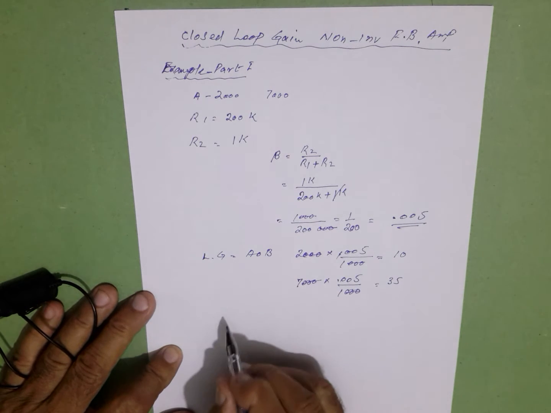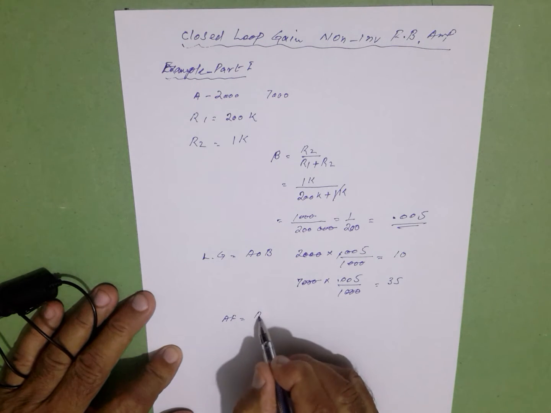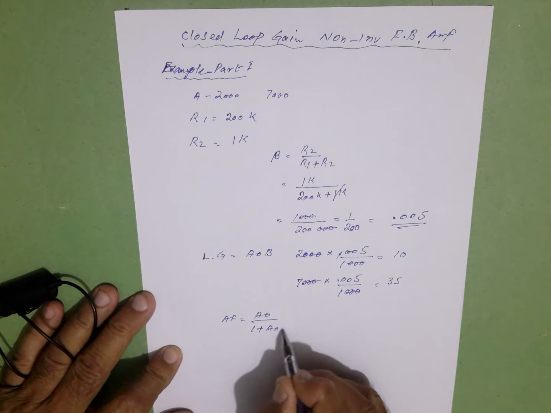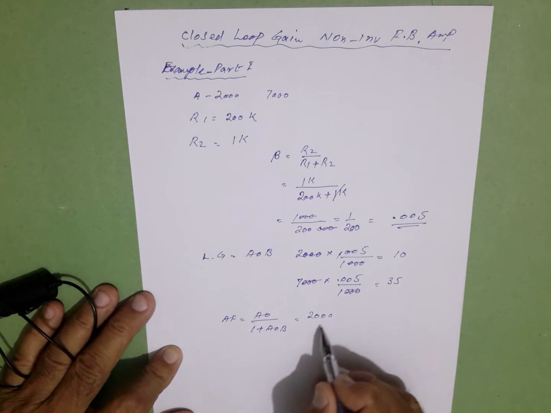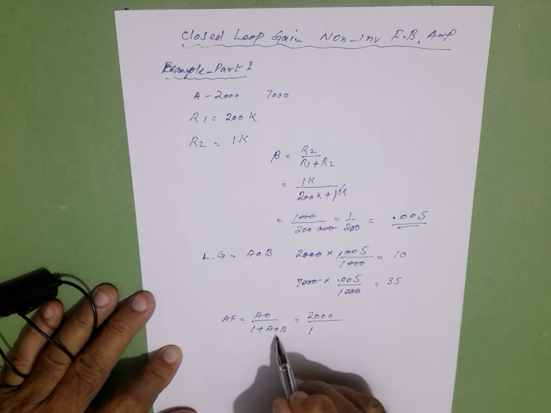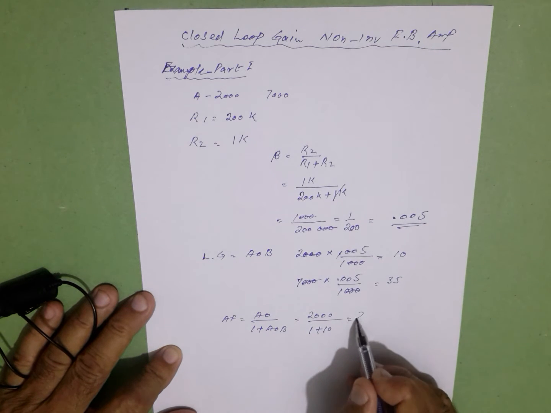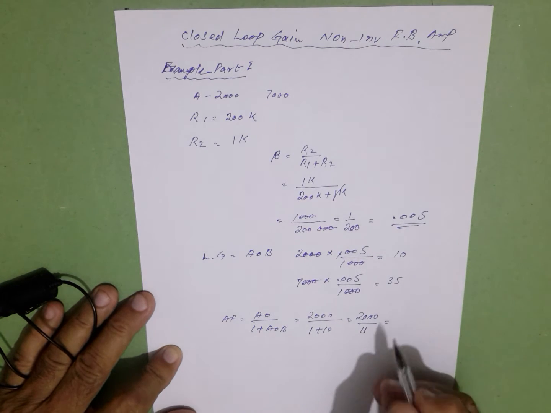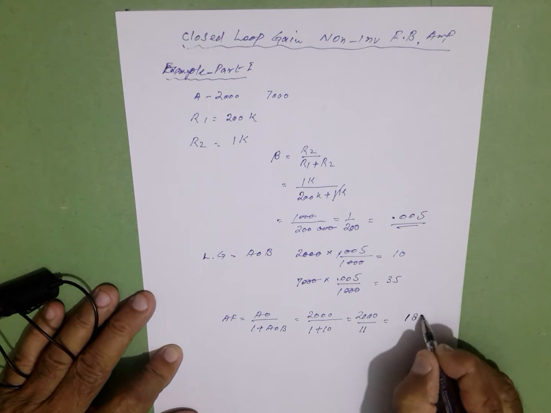Now the feedback formula is AF is equal to A naught over 1 plus A naught beta. A naught is 2000 over 1 plus A naught beta, which for 2000 is 10, and it becomes 2000 over 11, and this is nothing but 182.